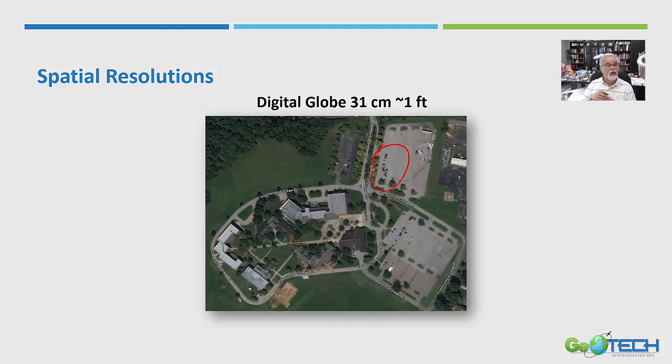So here we're at about 1 foot resolution. Obviously, as our resolution gets better, we're seeing a lot smaller area for each pixel. Therefore, if we want to look at the same area, then there's going to be a lot more pixels in this image than there was in the first image, which makes it interesting when you're doing processing.